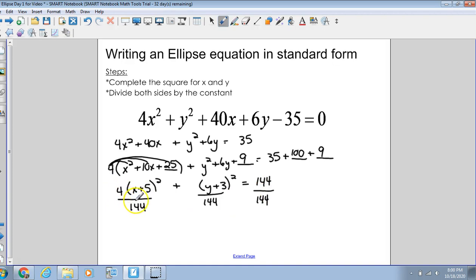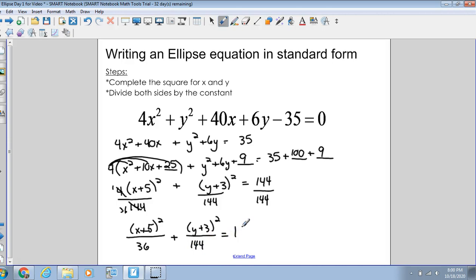This 4 goes into 144 36 times. So we have x plus 5, the quantity squared, over 36 plus the quantity y plus 3 squared over 144 equals 1.